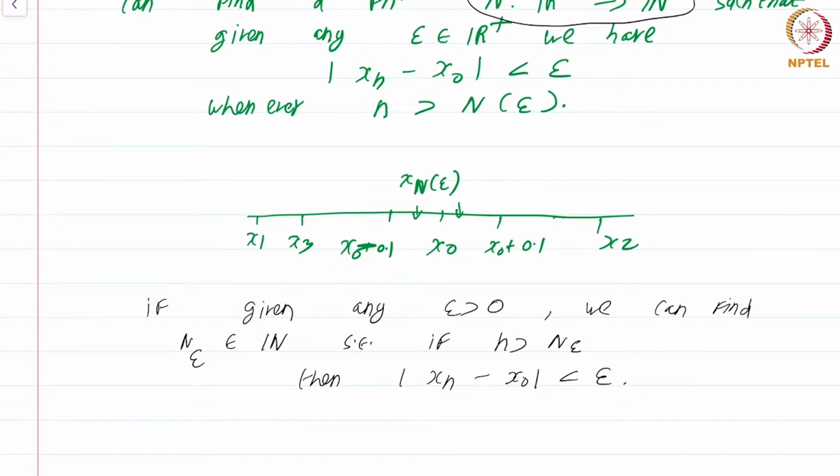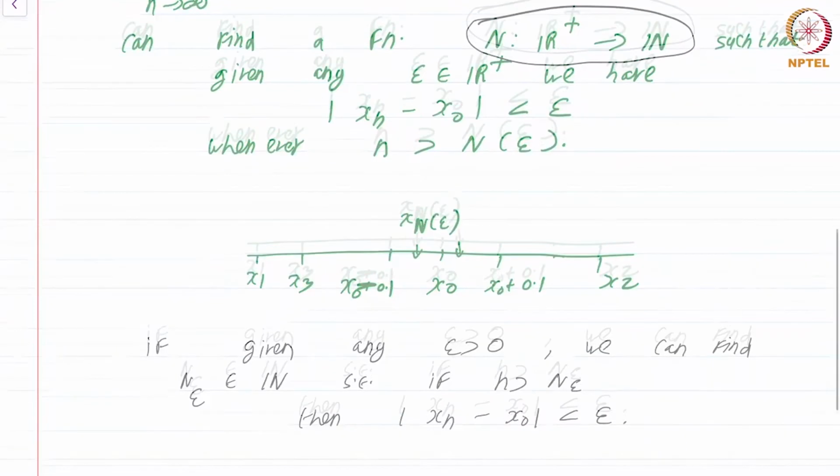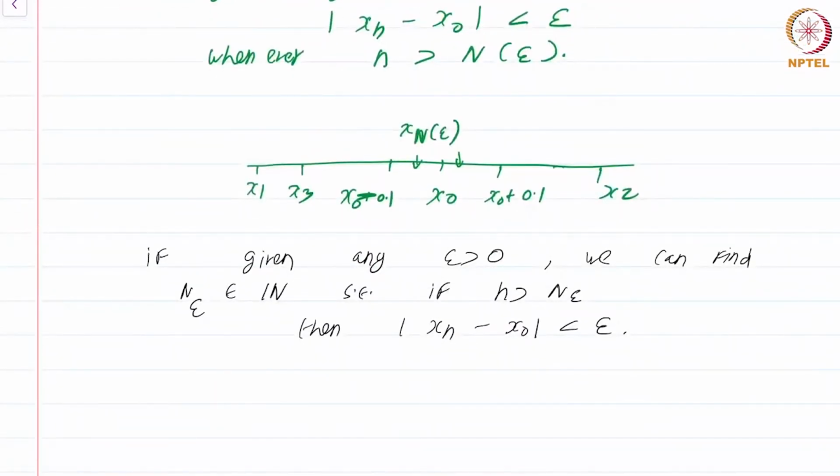The standard textbook definition of convergence and the definition we have given in terms of this function N from R plus to natural numbers are exactly the same. The only difference is that I have chosen to treat N of epsilon as a function of epsilon. The reason is that it clarifies that there is a relationship between epsilon and N of epsilon.